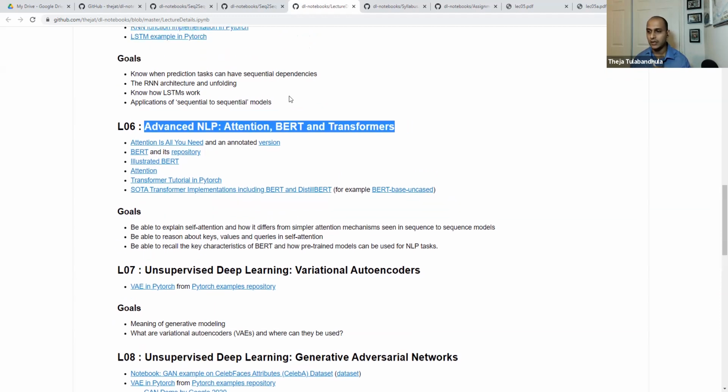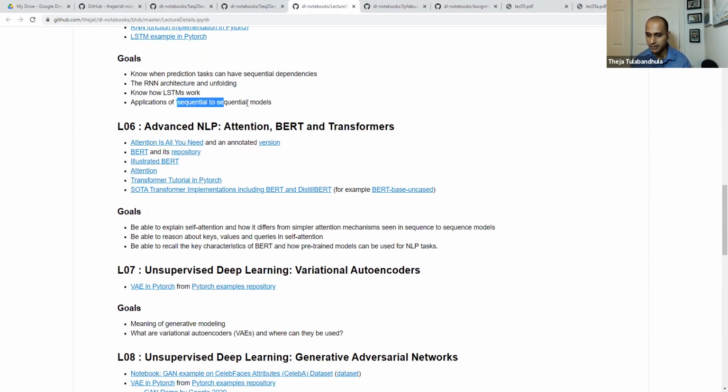They attack the same problem, which is capturing sequential information, but the architecture is different from an RNN. They will also have a notion of attention, very similar to attention in RNNs, which we'll discuss pretty much in the first half.